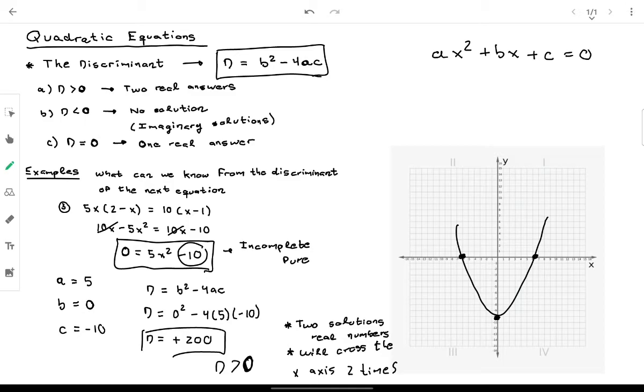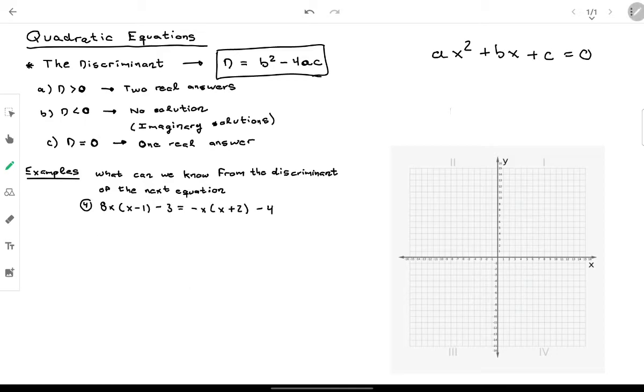So let's see one last example. First, we need to have the structure of a quadratic equation. So in this case, it's going to be 8x squared minus 8x minus 3 equals minus x squared minus 2x minus 4.